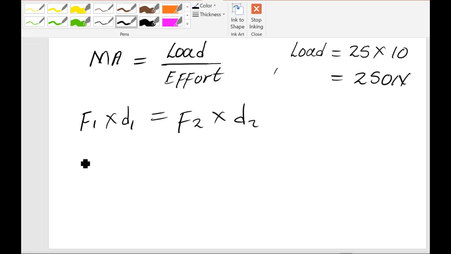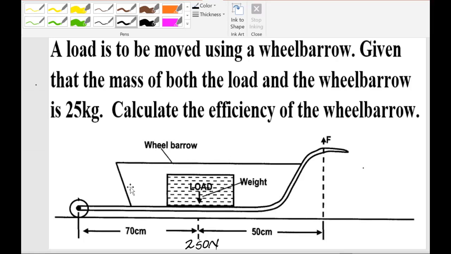So weight 1 or force 1 will be the weight of the wheelbarrow and this load, which is 250 newtons, and the distance of this weight from the pivot is 70 centimeters.